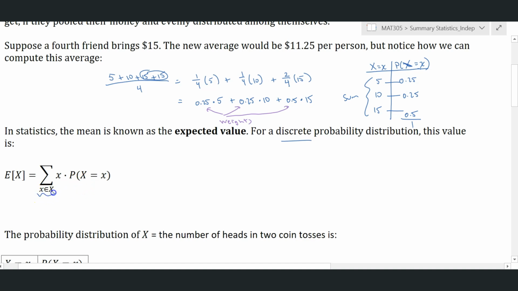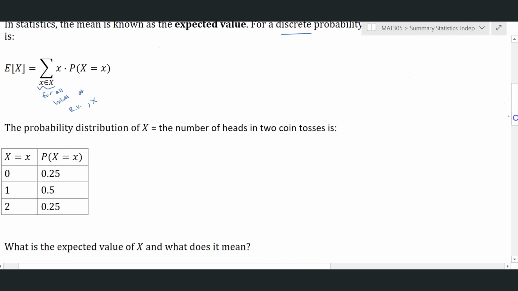This notation here just means for all values of the random variable capital X. Remember, capital X is just the keeper, if you will, and the little x is each of the individual values. So X is the set, little x are the elements of the set. Now, if you recall, we had an example where X represented the number of heads in 2 coin tosses.